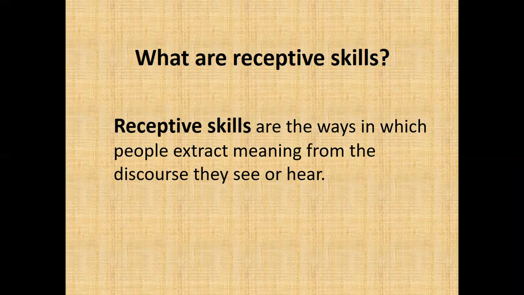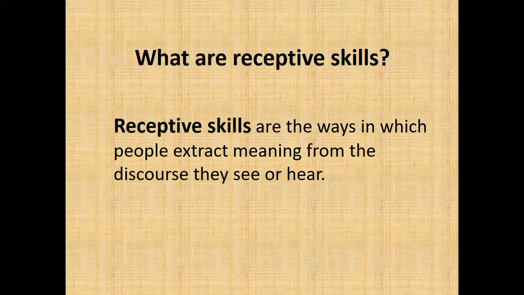So see in this case is reading, and hear in this case is listening. So when you are able to understand what you are hearing, and when you are able to get understanding from what you are reading or what you are seeing, that means you have receptive skills. As opposed to the receptive skills, we have another term, which is productive skills.